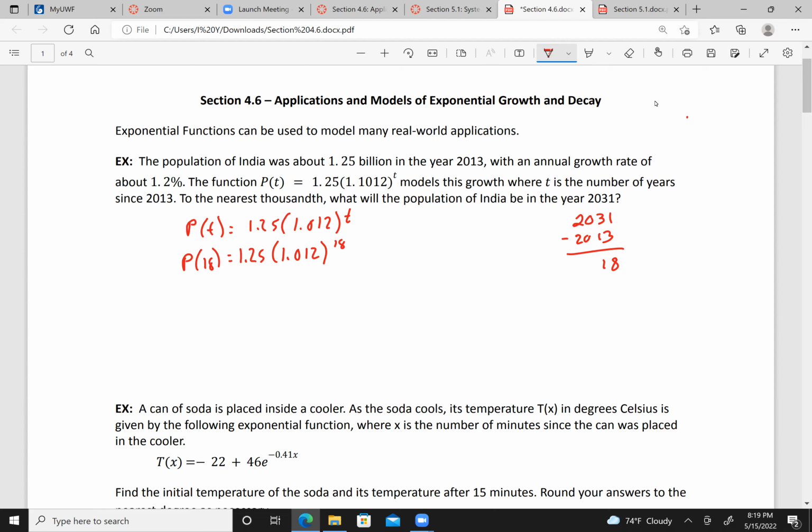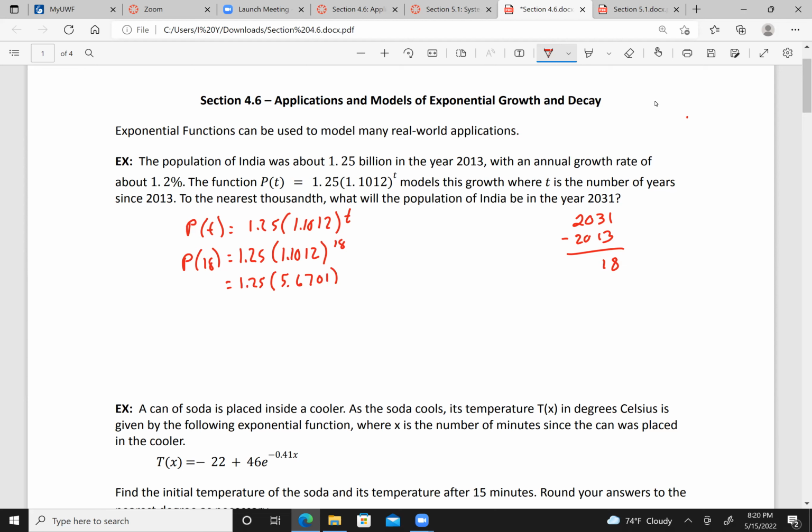Yep, that's 1.012 to the 18th power, and round that to 4 decimal places. So I get 1.25 times 5.6701.